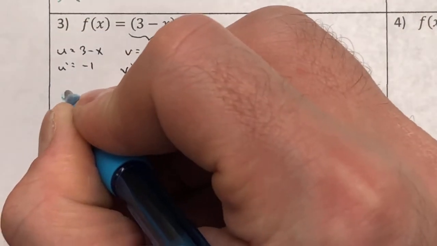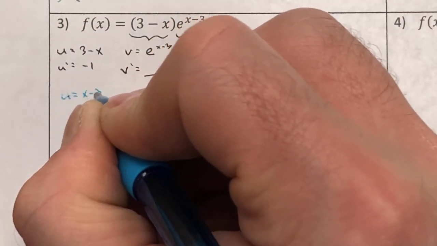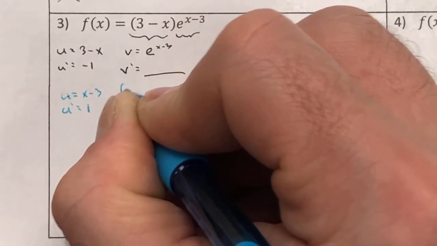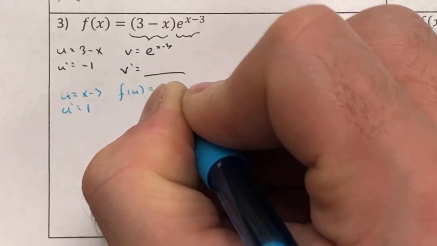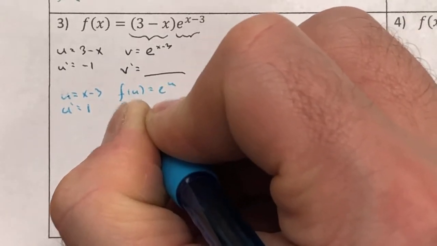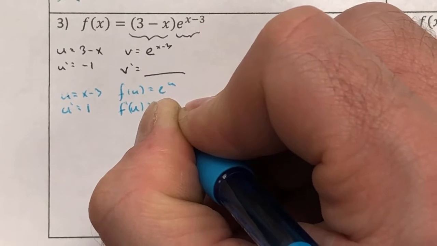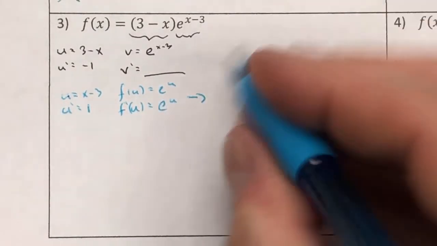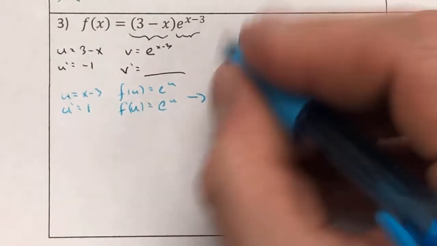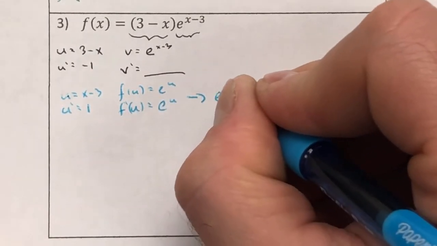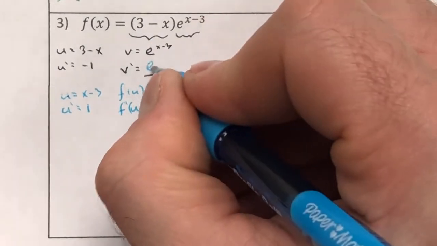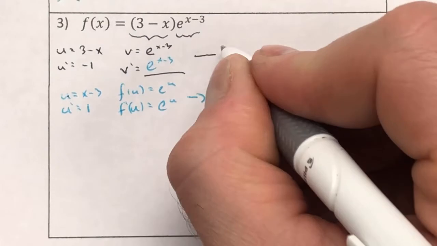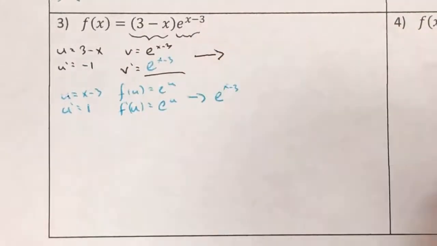So I know that if u is x minus 3, u prime is 1, f of u is e to the u, f prime of u is e to the u again, which means that I'm going to get this, yep, so this is e to the x minus 3, so we get that. Perfect.